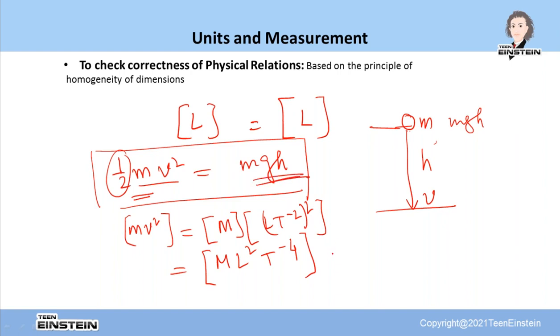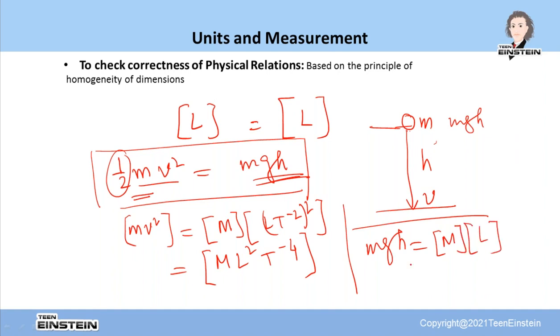I need to check what is the dimension in the right hand side, mgh. Let us see m, g, and h. m has mass, h has length, and g means one type of acceleration, so that will be L T to the power minus 2. Half m v square, I'm sorry, v means not T to the power minus 2, it is L T to the power minus 1, because velocity is distance by time.